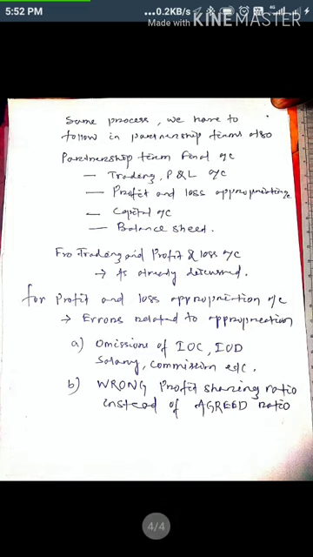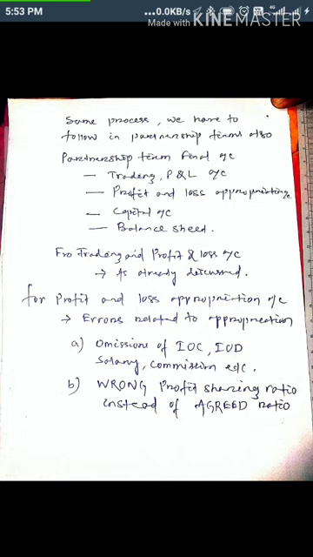If they have only omitted the terms of the partnership deed, that is IOC, interest on drawings, salary, commission, etc., and they have distributed the profit, while distributing the profit they have used the agreed ratio.